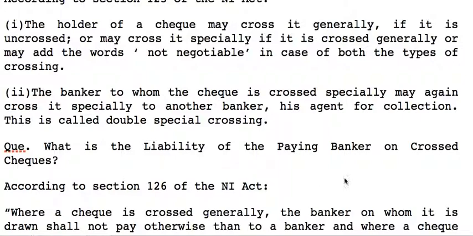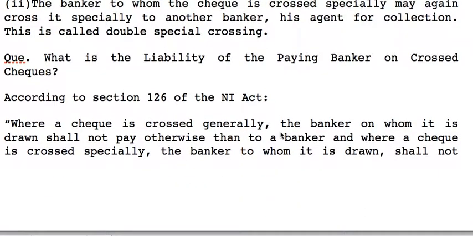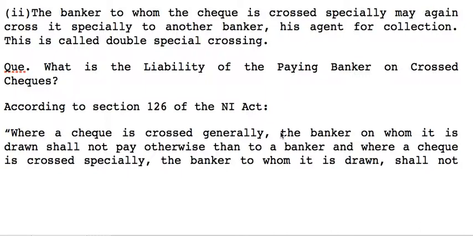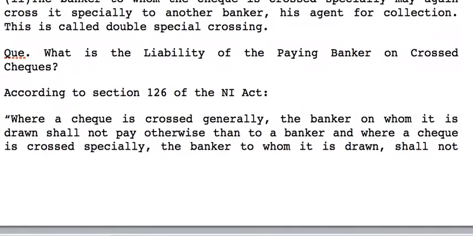Now we will talk about another very important section, that is section 126 of NI Act. And this section talks about the liability of the paying banker on cross checks. What is the liability of the paying banker on cross check?